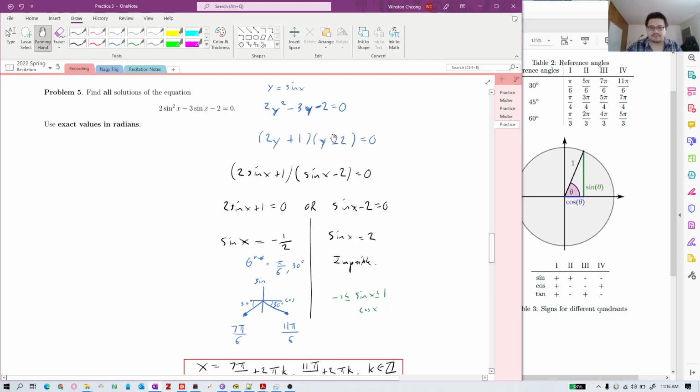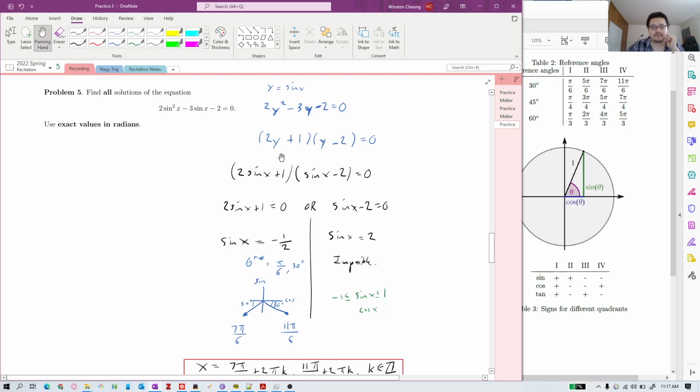That forces the -2 here to multiply with the 2y, and then you get the 1 from 1 times y. So that will give you this middle term of -3. And then of course the end term, you can just check that it is -2. So this is the factorization of this quadratic.